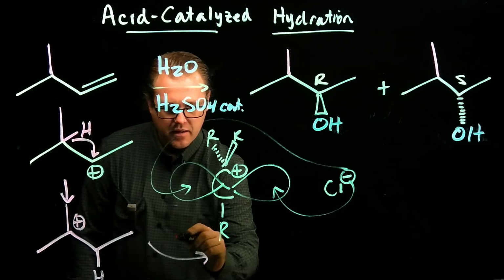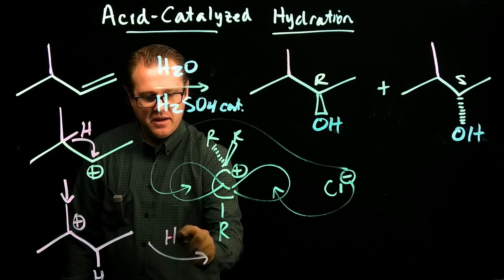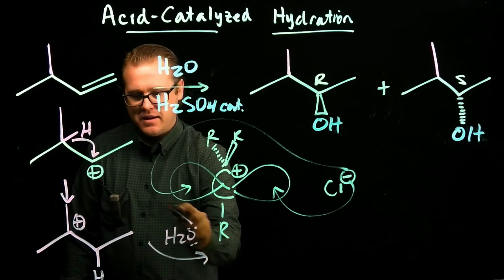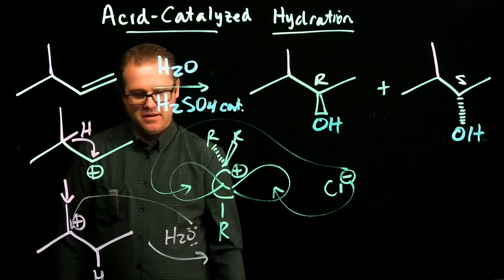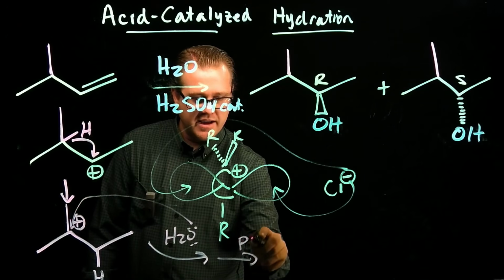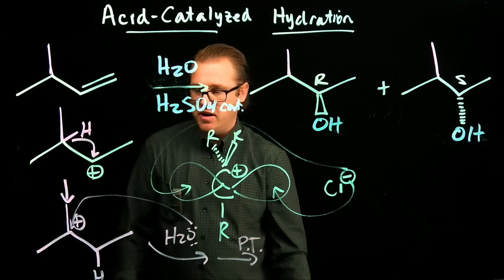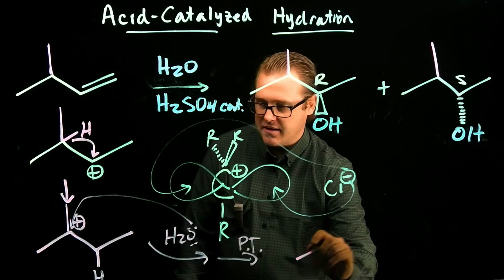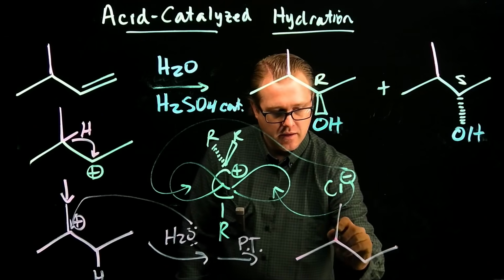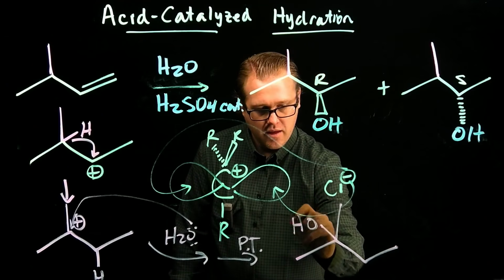And then the water would come in and attack from this side. And then we would do a proton transfer to get rid of the oxonium ion to give us that product.